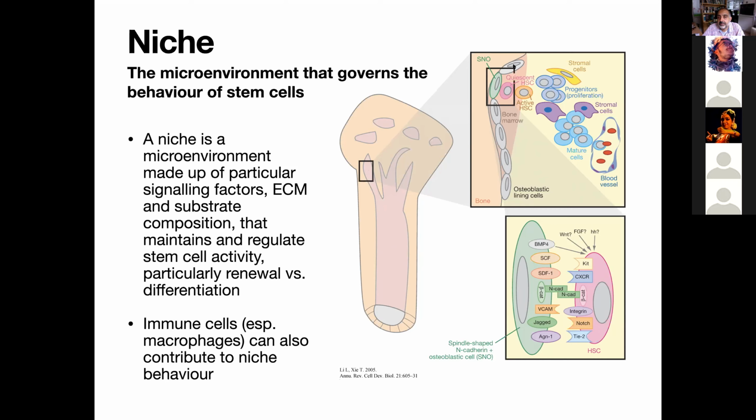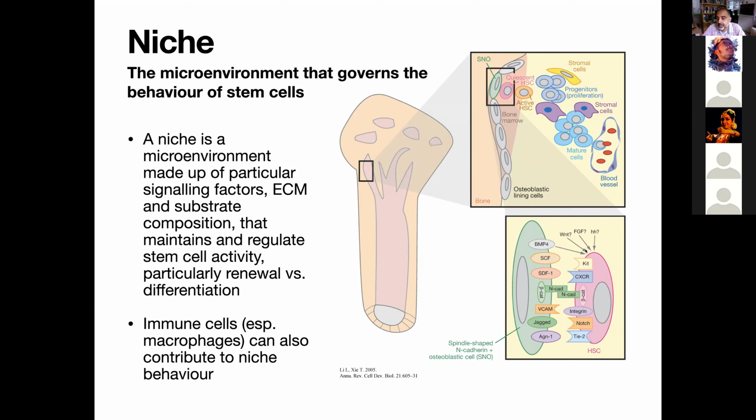So you'll have these specialized osteoblasts, so bone cells, and these are particularly shaped. They're spindle-shaped N-cadherin positive osteoblast cells, and they generally are in close association with quiescent hematopoietic stem cells.